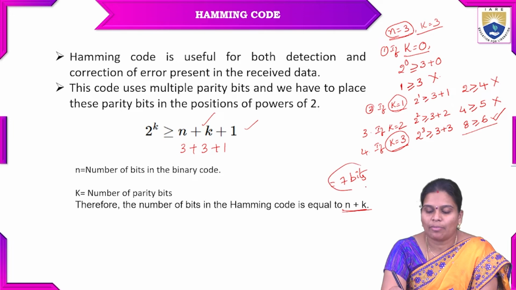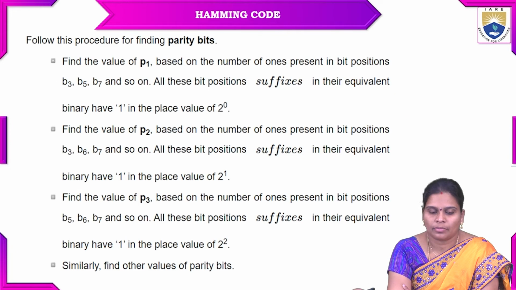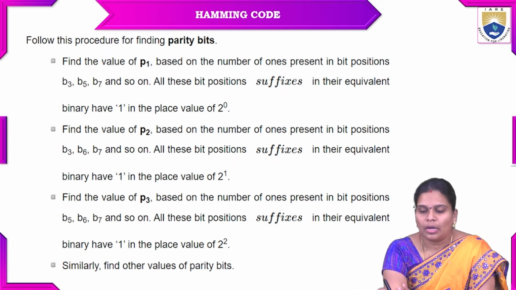In these 7 bits, which bit is the data bit and which bit is the parity bit? Here we have to mention the 3 parity bits. We'll check where we write the data bits and where we write the parity bits. So this is P1, P2, P3, for n equal to 3.